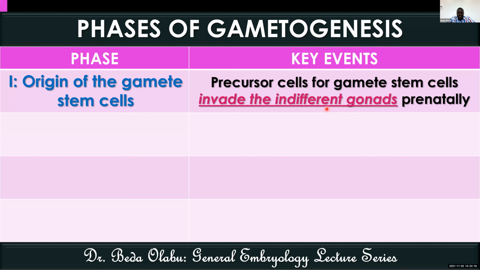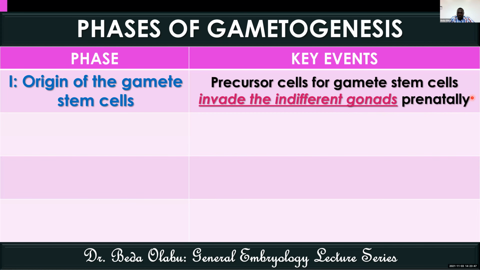That is the first phase of gametogenesis. We will see where those cells come from shortly. We will see their names, but I want to get the concept. The first phase is the origin of the gamete stem cells. So they originate from wherever they come from, and they invade the indifferent gonad.